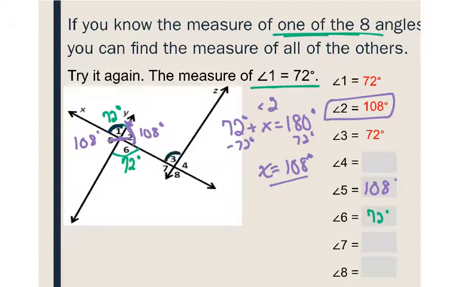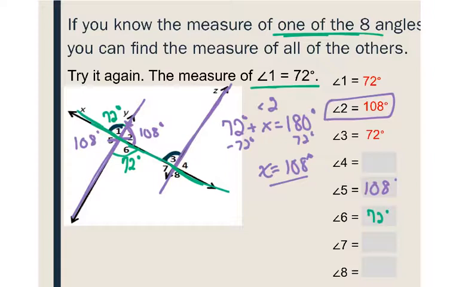All right, let's look at angle 1 is 72. What is the relationship between angle 1 and angle 3? And you can turn the computer if you need to. Remember your parallel lines here are Z and W, and your transversal is X, so it's going in a different pattern, a different way.